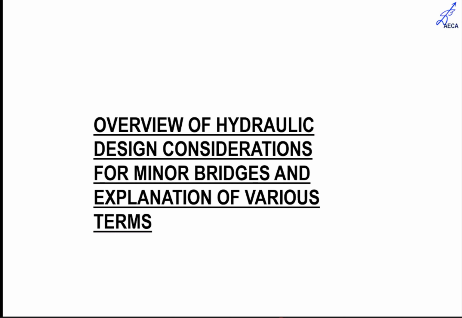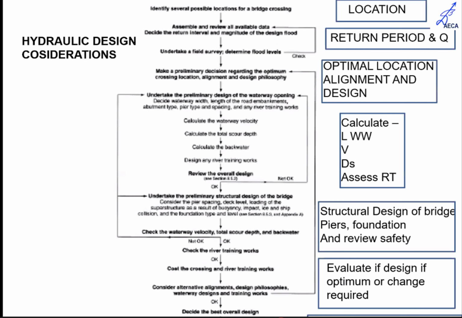We will have a broad overview of the hydraulic design considerations. Generally, when we plan a bridge, we first have to identify a suitable location where we want to construct the bridge. First is of course the functional requirement, where sometimes we need to cross some deep gorge or something like that.